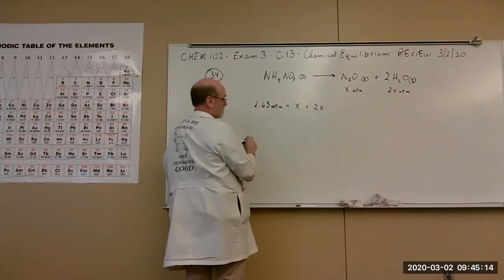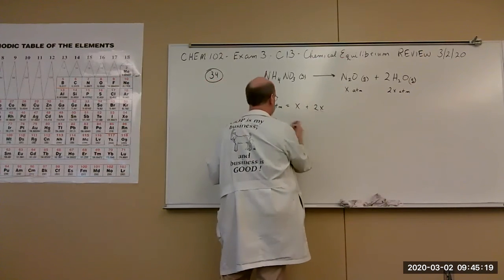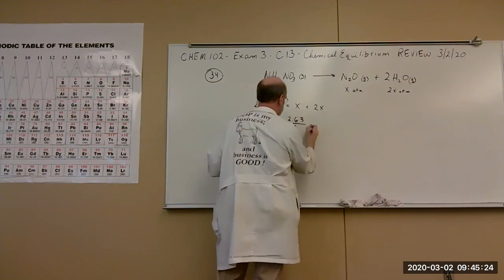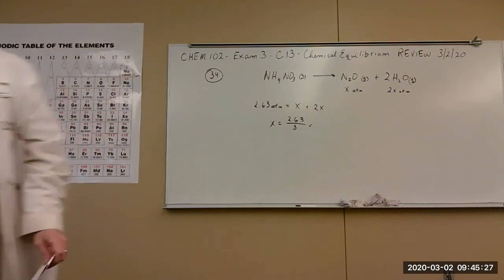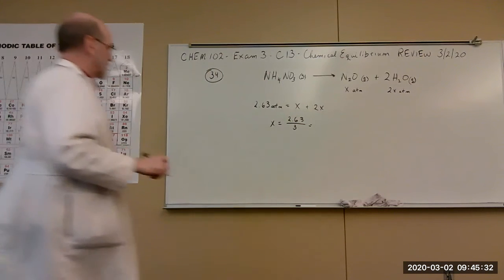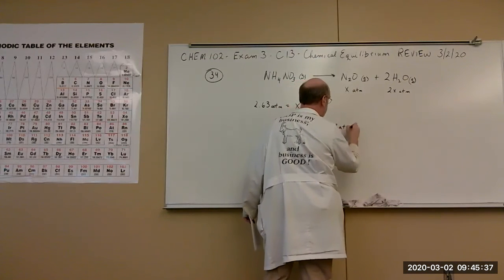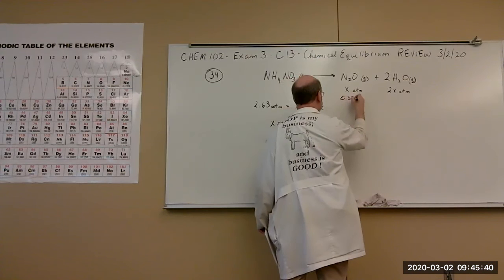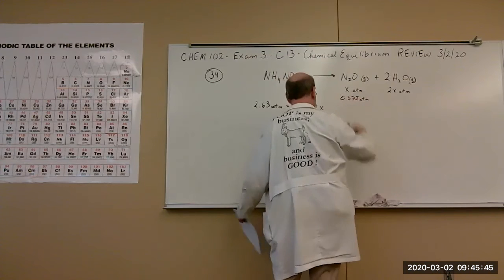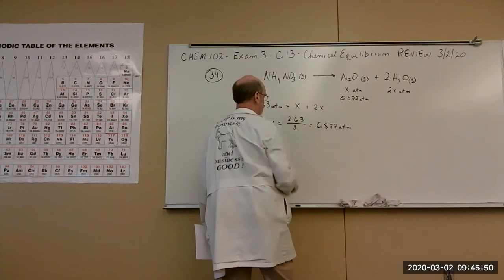All right, so we got an equation in one unknown, right? So we can solve it. That's 3X. So X equals 2.63 divided by 3, which is 0.877. Right. That means this one is 0.877. And actually, that one is the difference. Where did the 3 come from? 1 plus 2. Oh.